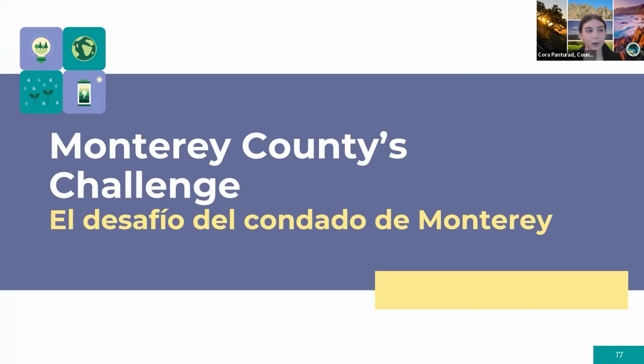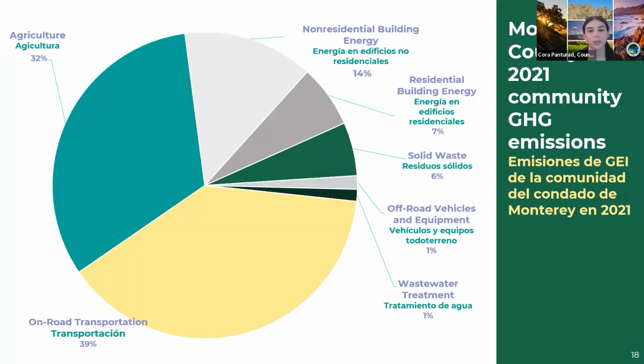So now from the overview into Monterey County's climate challenge. And we can go ahead and take a look at the next slide that shows our 2021 community greenhouse gas emissions. And what we see in this slide is a snapshot of what our emissions look like for the year. As you can see, our biggest emission sources in order are transportation, and then agriculture, and then buildings, both non-residential and residential buildings.